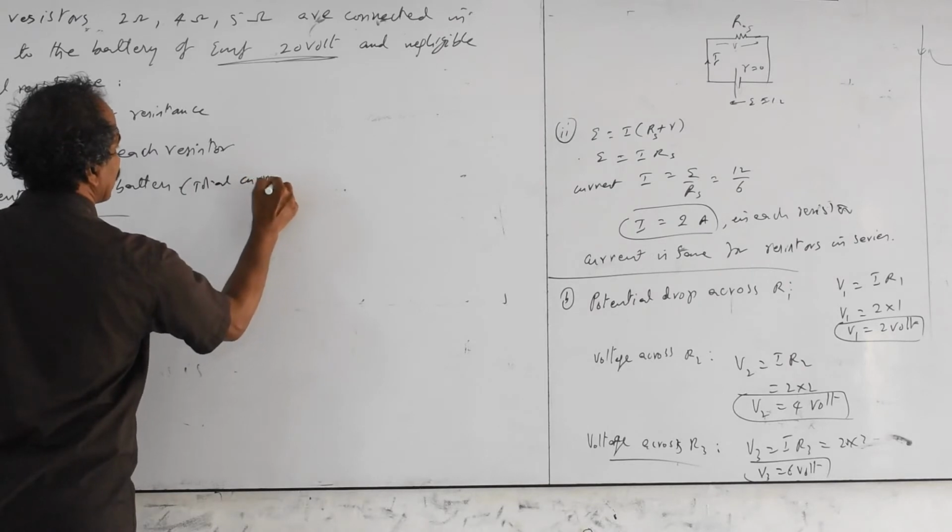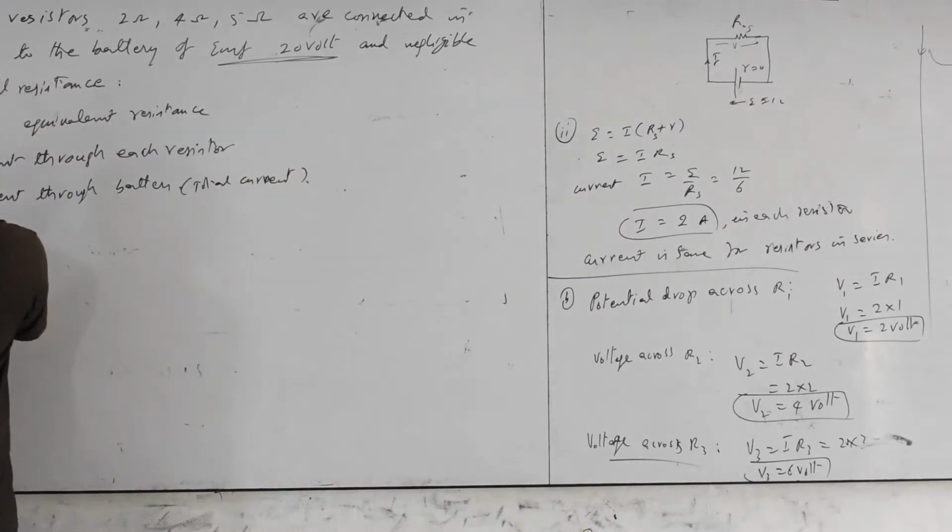Answer. First write the data. Resistors R1 is equal to 2 ohms, R2 is equal to 4 ohms, R3 is equal to 5 ohms.